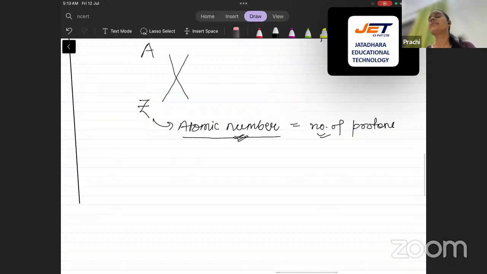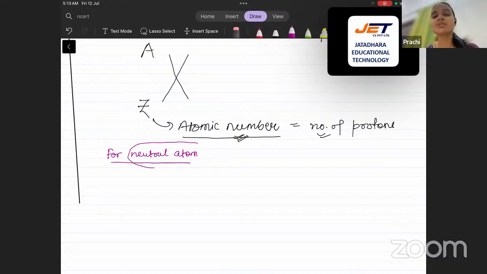Now here, I will be telling you a very important thing. For a neutral atom, the thing which I'm writing right now will be true only for the neutral atom. This point is very, very important for you, right?